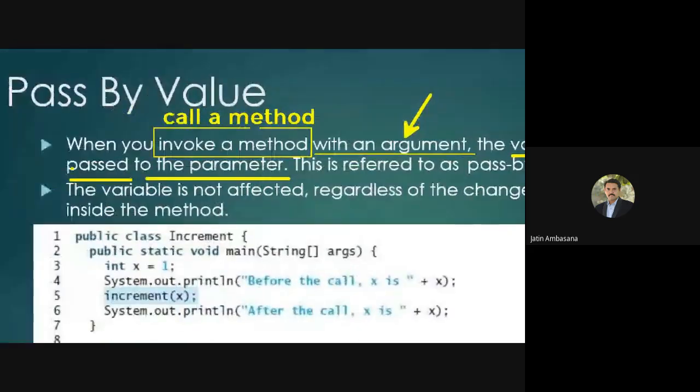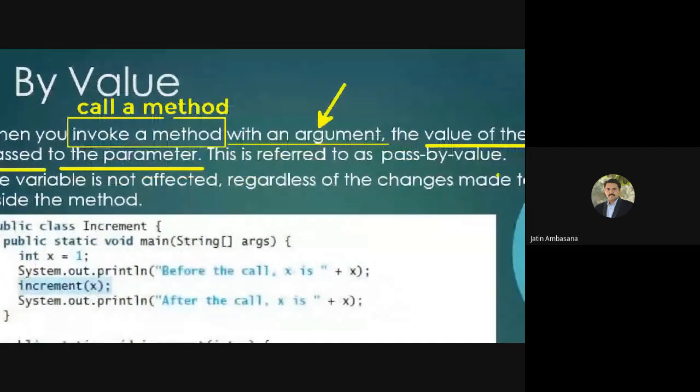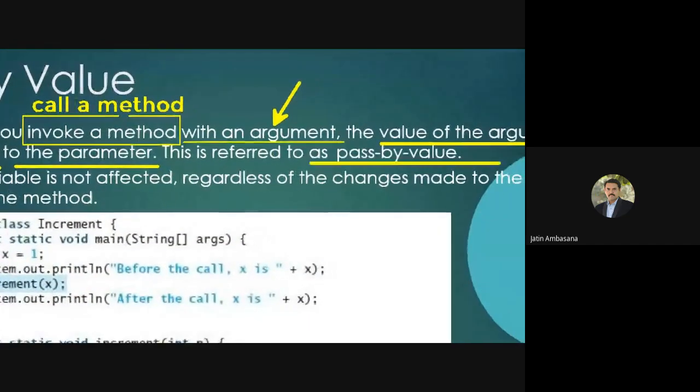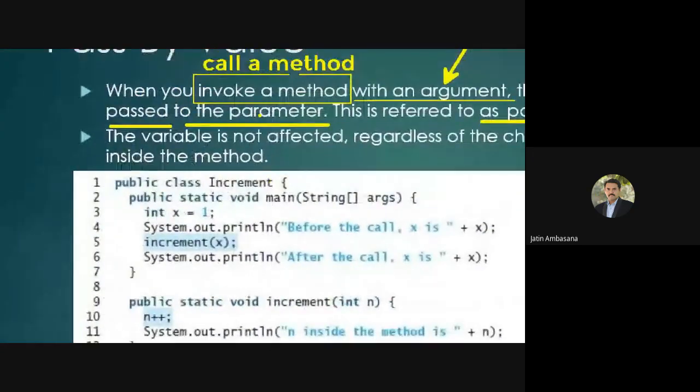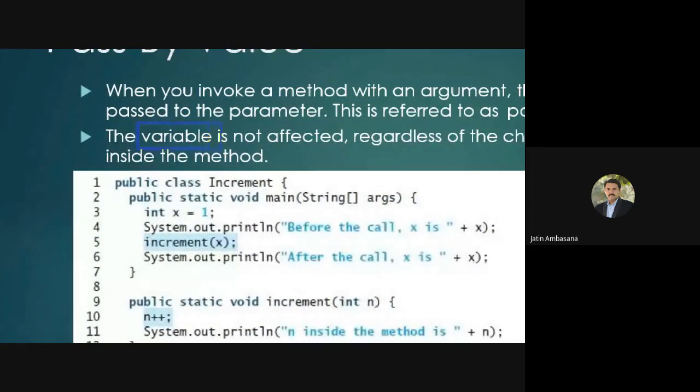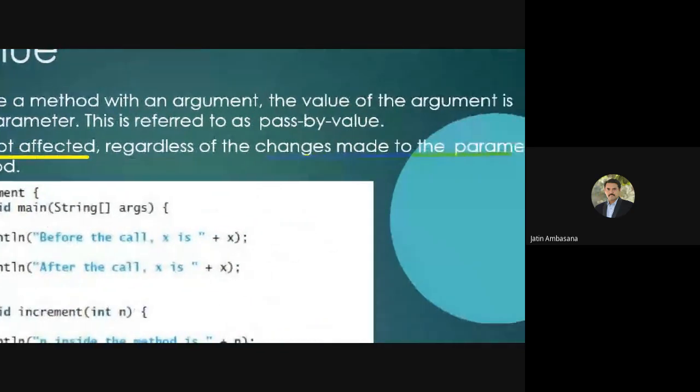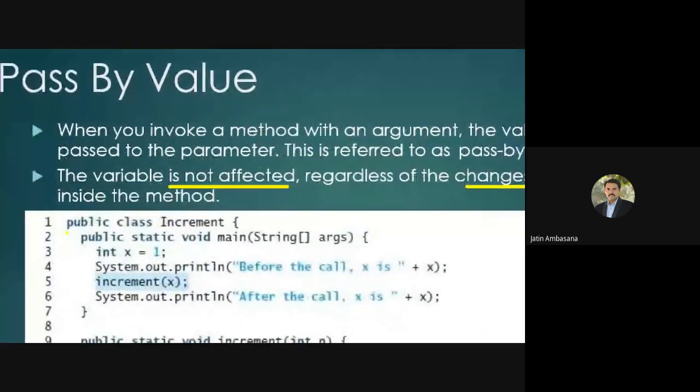The value of the argument is passed to the parameter, and this is referred to as pass by value. So the original variable whose value is passed is not affected by any changes made to the parameter in the called method.